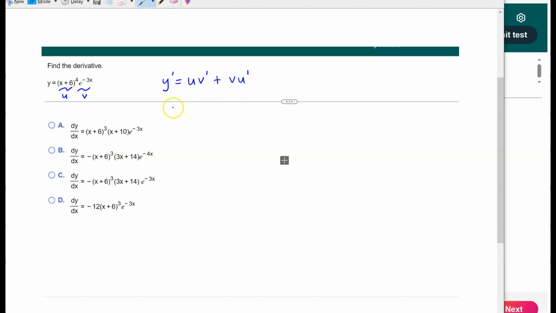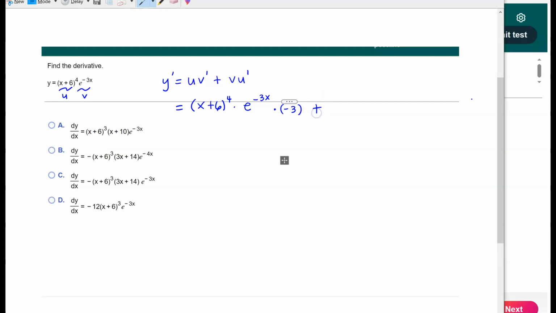And so y prime is equal to your u, x plus 6 to the 4th, times the derivative of v. So times e to the negative 3x, the derivative of e to the u is e to the negative 3x times, and you use chain rule here, the derivative of negative 3x, which is negative 3. Just enclose that in a parenthesis. So that is your v prime.